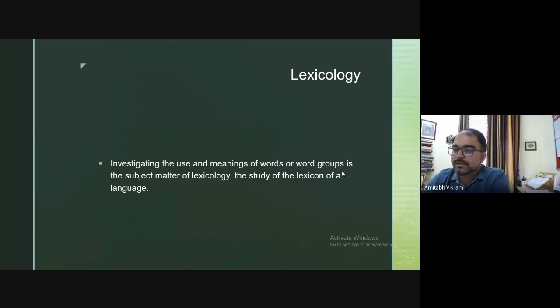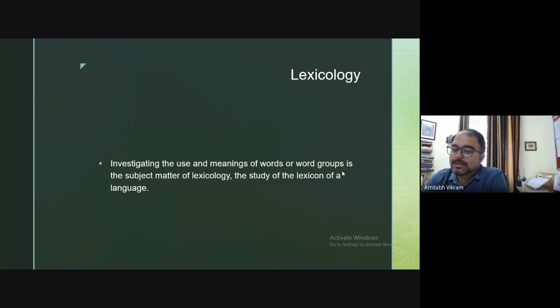Con means with, and con becomes com here. So con and pain, P-A-N-E, pain means bread. Someone who eats bread with you, previously that person was considered your companion, but now someone who is with you is considered your companion. That is the etymology of that particular word.